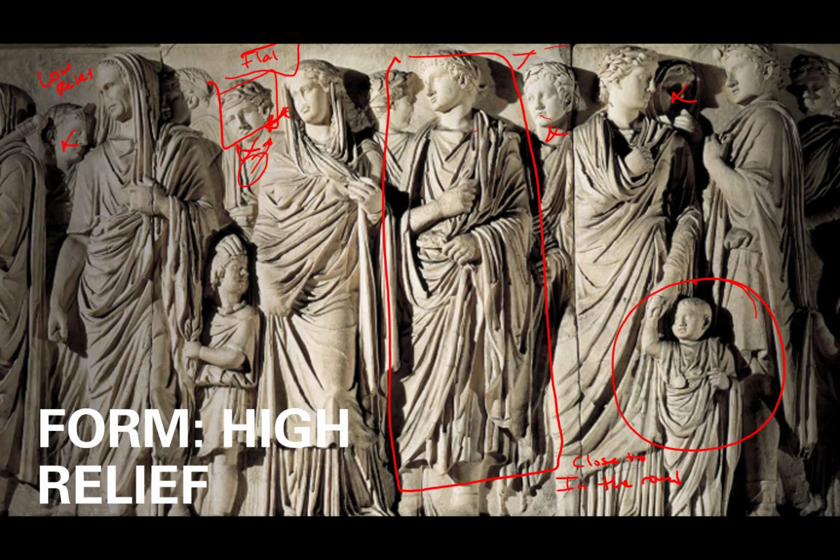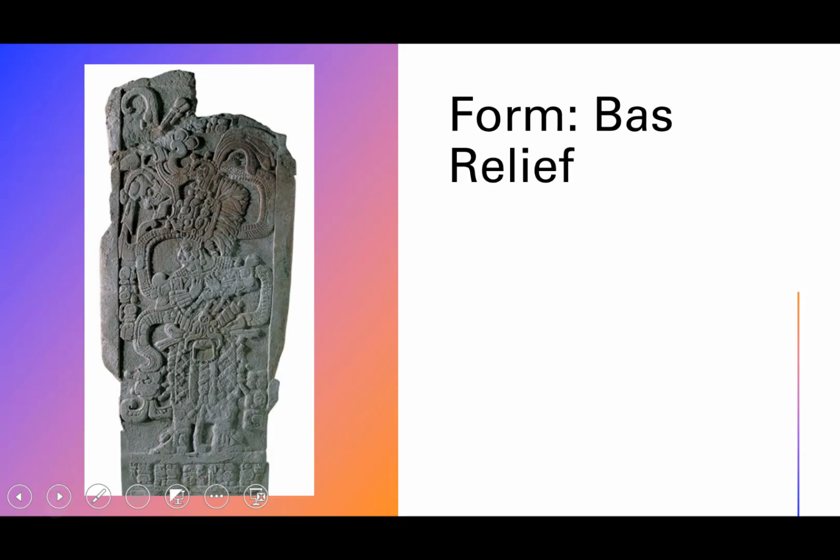But again, high relief can almost look like in the round, whereas real bas relief almost looks 2-dimensional. And so here we see, this is from the Aztecs, or the Mayan art. This is from the Mayans, I believe. What you have here is, it's hard to see.